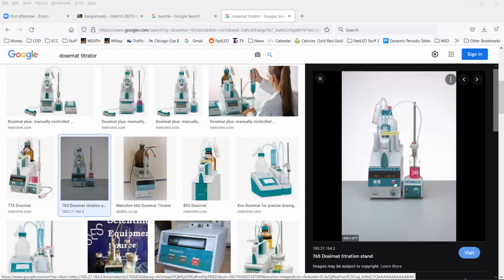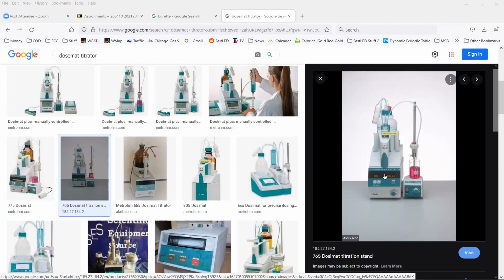What they don't show you is this red button here. You can also have a button in your hand. And here's a stirring plate and a sample, and this is a pump. You can get accuracy to a thousandth of a milliliter. That's really good. That's like half a drop.